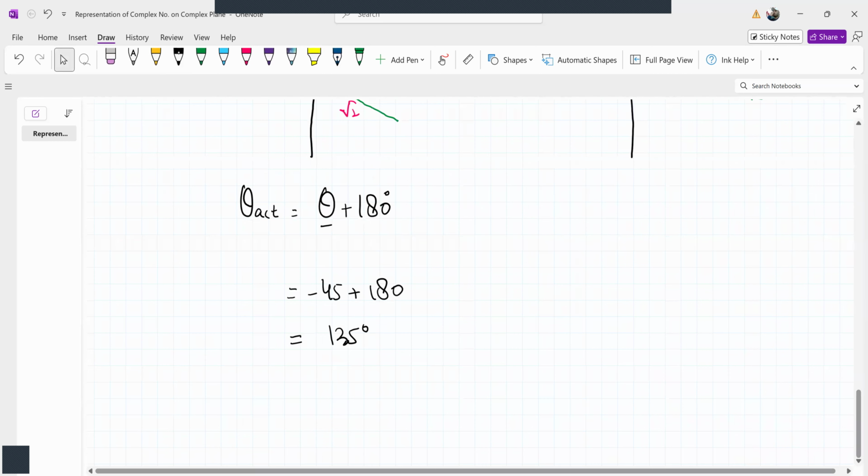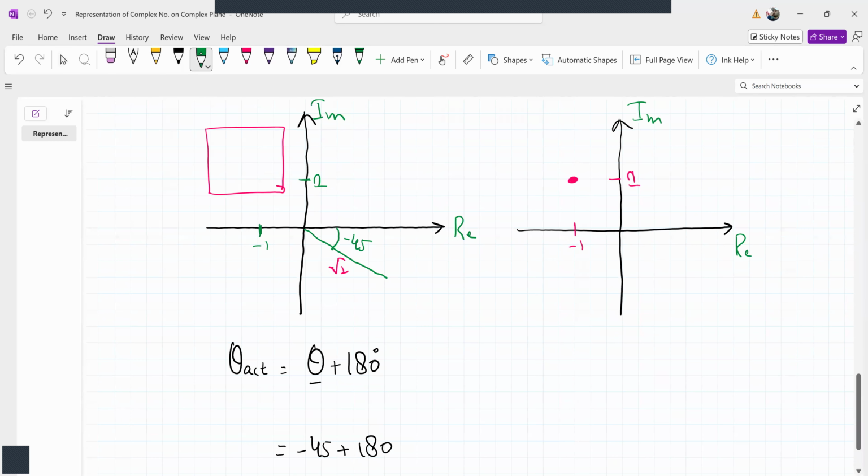So the angle that this makes with the real axis is actually 135 degrees, and it is positive, so we move like this on this complex plane, which is correct. You can check this is correct, 90 plus 45 is 135. So this is the correct representation and magnitude.